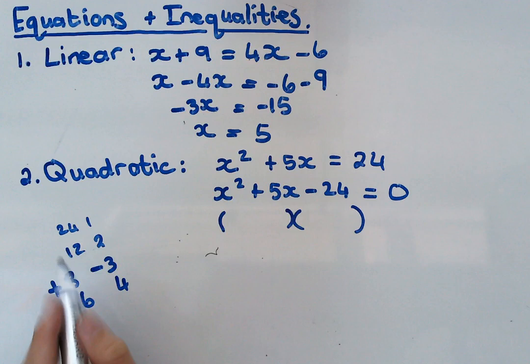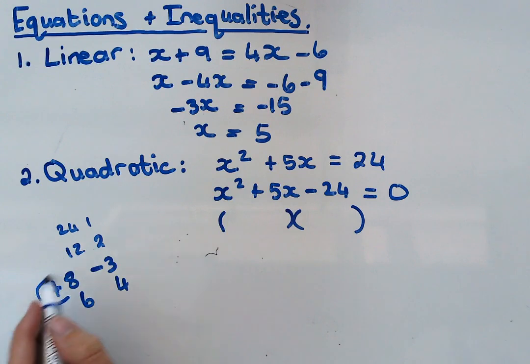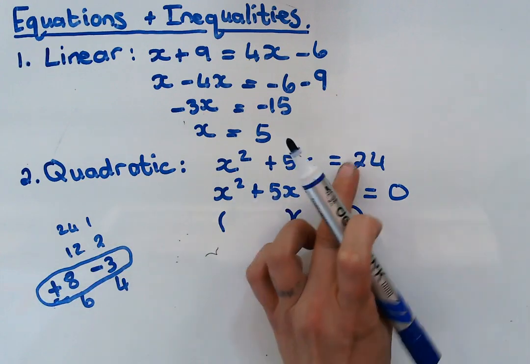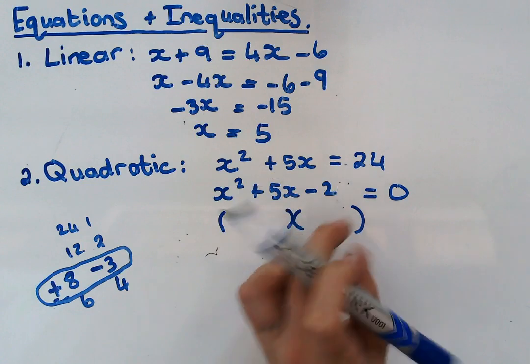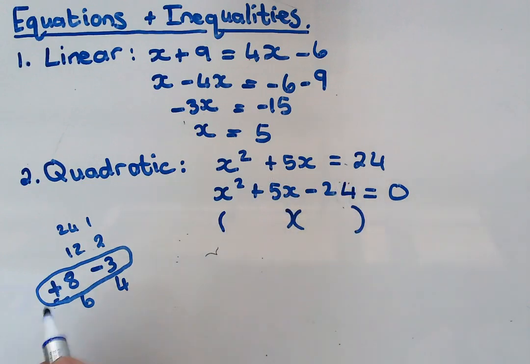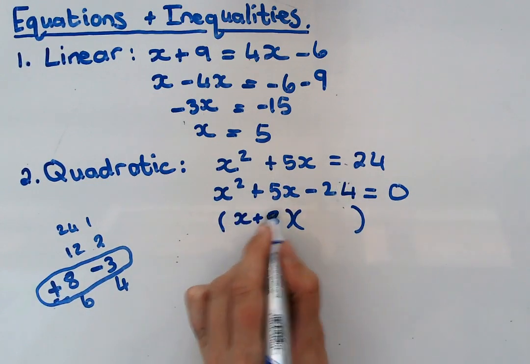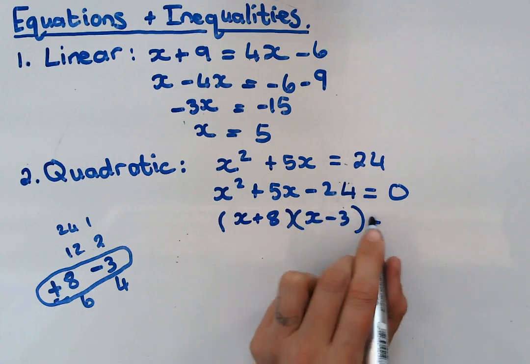The other one was 4, 6 that I didn't finish listing, but plus 8 times minus 3 is going to give me minus 24, and then the plus 8 minus 3, when I add them, is going to give me this plus 5. Right, so I'm just going to put in the brackets x plus 8 and x minus 3.